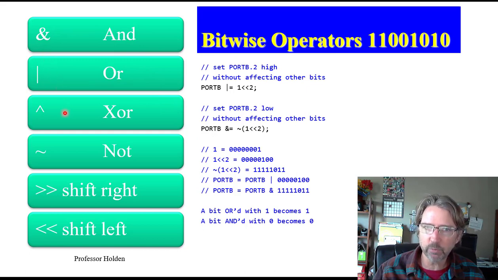You have exclusive OR, which means one or the other but not both. And you have NOT, which just flips it from 1 to 0 or 0 to 1. And then we have these shift operators. This shifts right. It's like moving the decimal point in a decimal number, which multiplies by 10 or divides by 10. This does the same thing but to a binary number, so it's actually multiplying by 2 or dividing by 2.